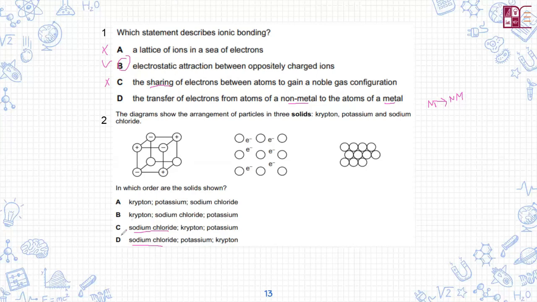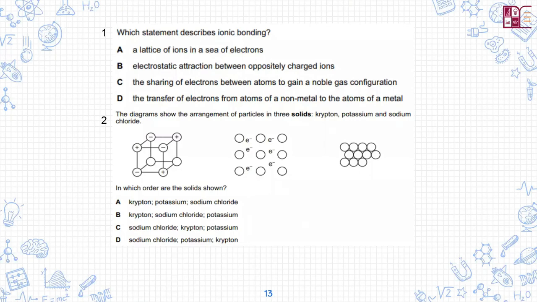So it is either C or D. Then we have krypton, and then we have potassium. Now potassium is in group 1, so it is going to have its free moving electrons, right? So this is going to be this, and then the last one is obviously krypton. So we have 2D.